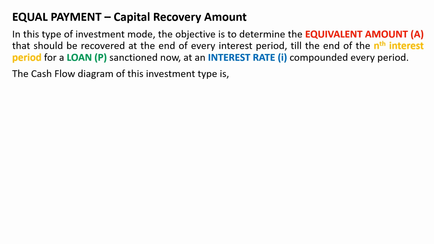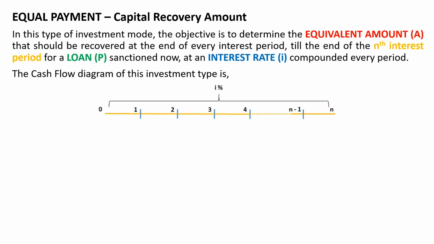The cash flow diagram of this situation is, we have a timeline. A loan amount of P has been taken today, that is at time t equal to 0. For this loan, how much equivalent amount we are supposed to repay back to the bank at the end of every interest period till the nth interest period.